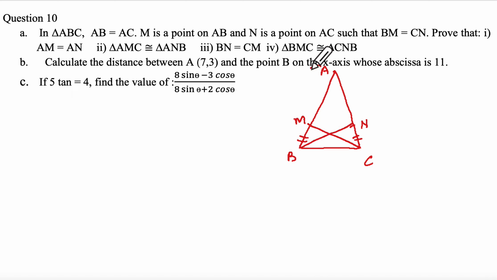Okay, so this full thing is equal to, let us say, x, and this full thing is equal to y. So this is your statement 1. Let AB equal to AC equal to x, BM equal to CN equal to y.